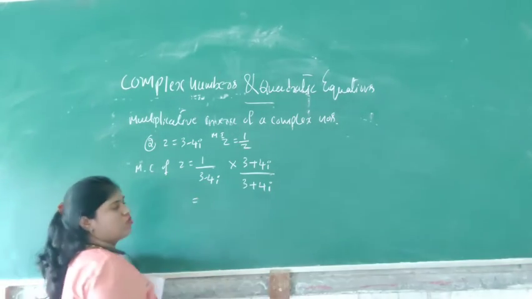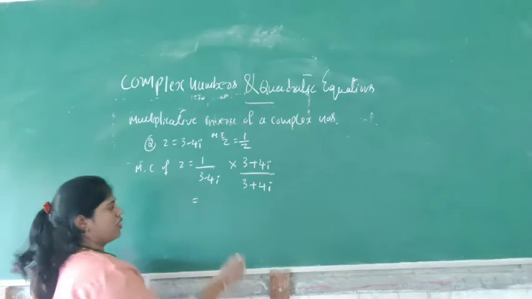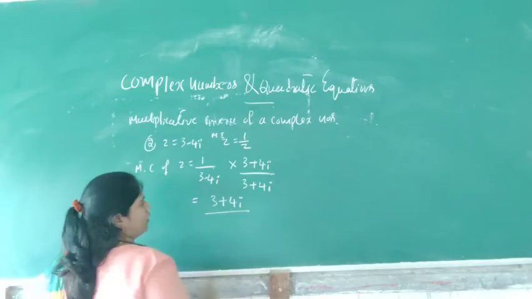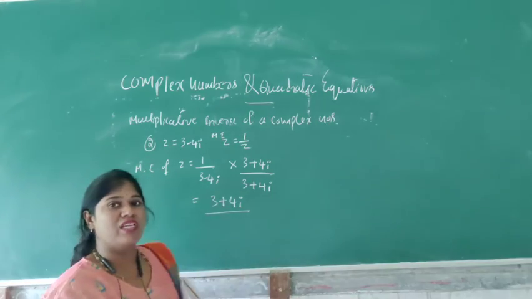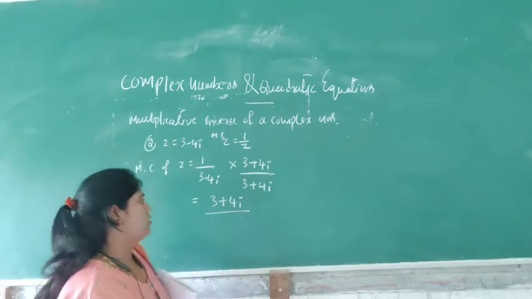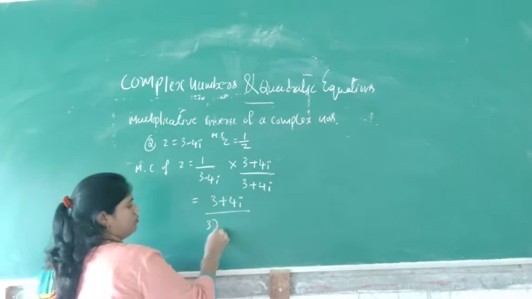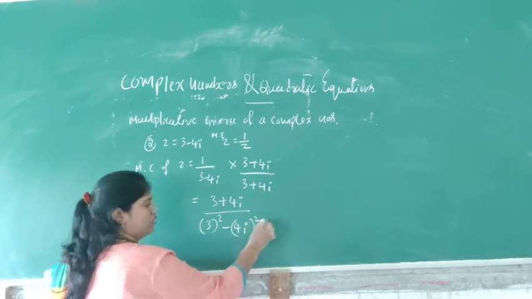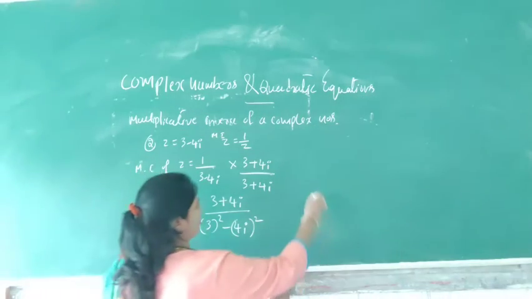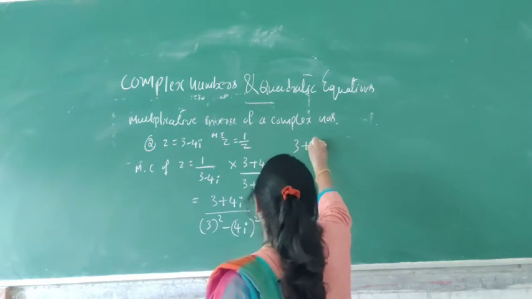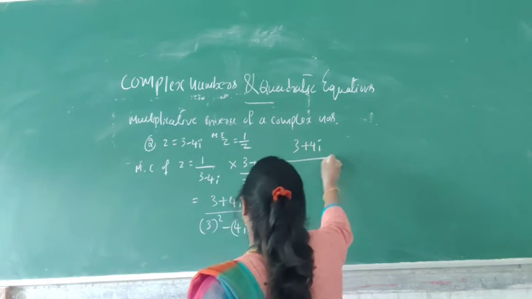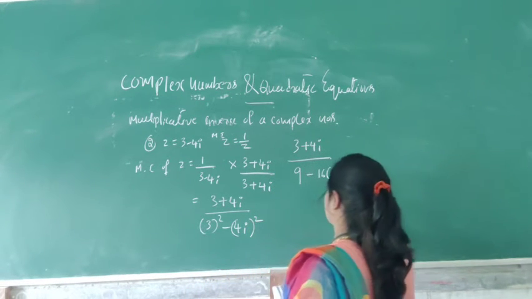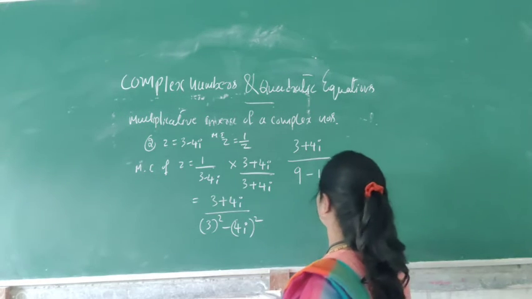So 1 into 3 plus 4i is 3 plus 4i only. In the denominator, a minus b into a plus b is equal to a square minus b square. So 3 3s are 9, minus 16 i square, and i square value is minus 1.